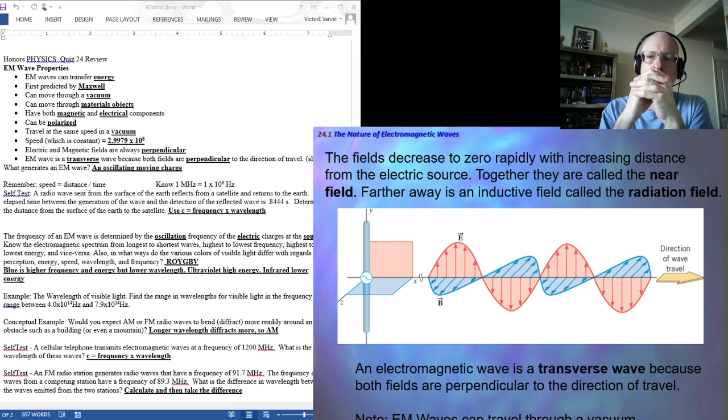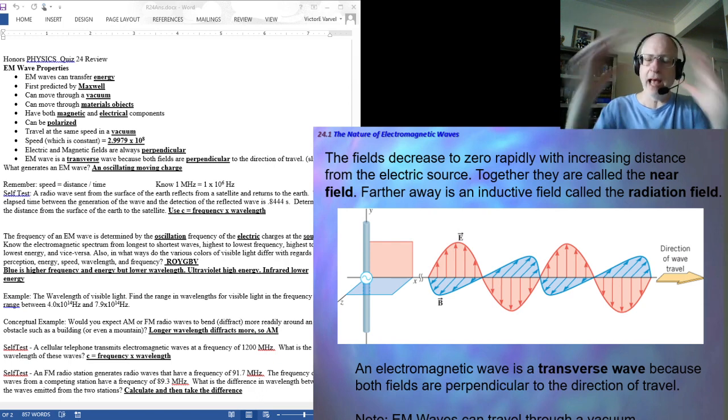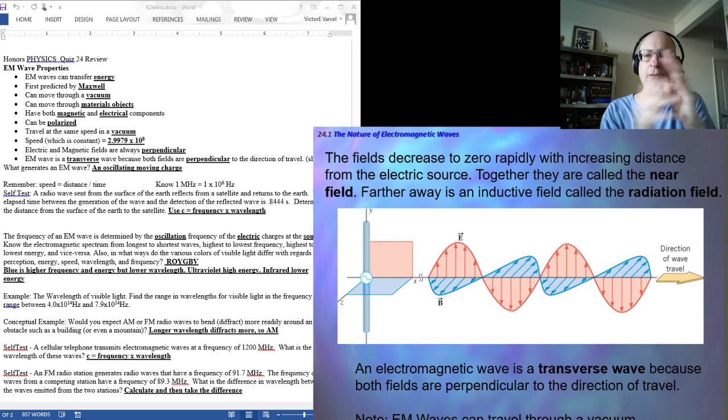Here I have a small surface area. As I get farther away, the surface area expands very rapidly, faster than the radius, by a squared factor, because of the way you calculate the surface area of a sphere. So because of that, as you increase the distance, you quickly lose the magnitude of that electric and magnetic field.